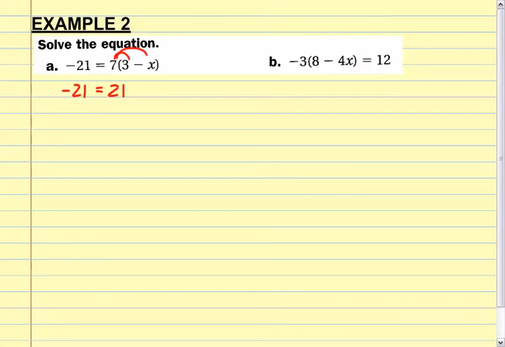So what's 7 times negative x? Not 7 negative x. Negative 7x. Because remember, what's in front of the x? A negative 1. And 7 times negative 1 is negative 7x. Okay, good. Now what do I do from there?